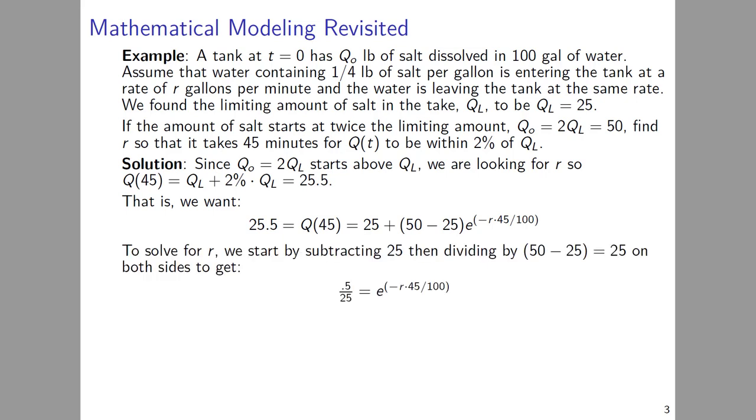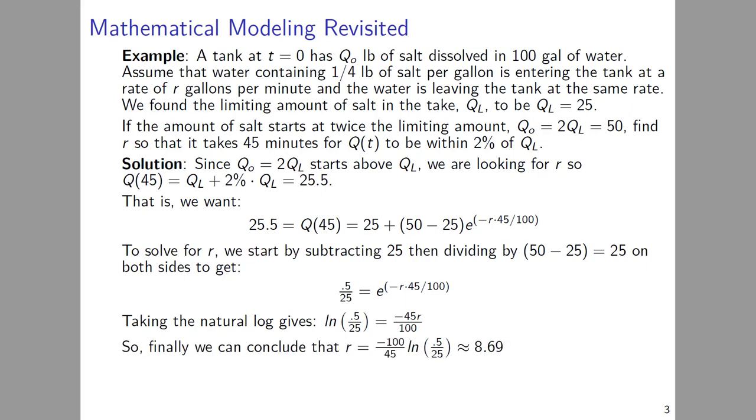To solve this for r, we start by subtracting 25 from both sides, then dividing by 50 minus 25, which is 25, on both sides again, to get 0.5 over 25 is equal to e to the negative r times 45 over 100. And then taking the natural log gives the natural log of 0.5 over 25 is equal to negative 45r over 100.